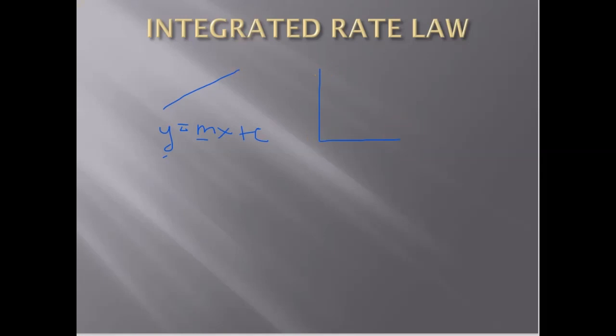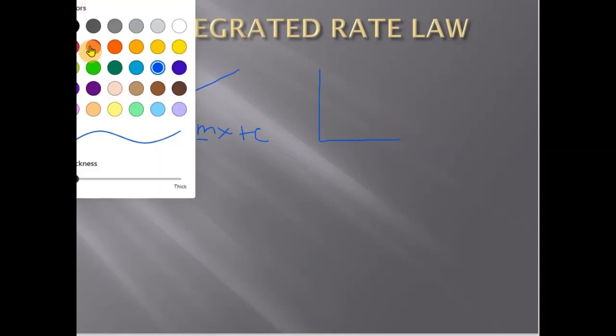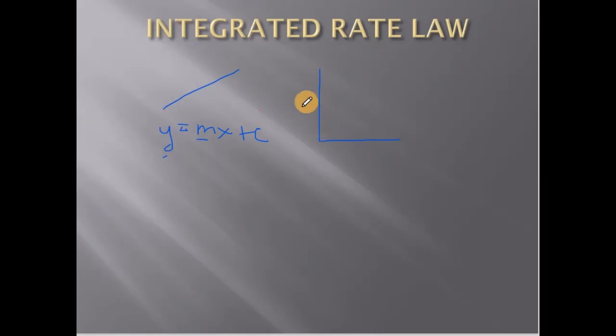So with the graph of y against x, we can have the y here, then the x here. When you have a positive slope or the positive gradient, it means that as the y quantity increases, the x also increases.